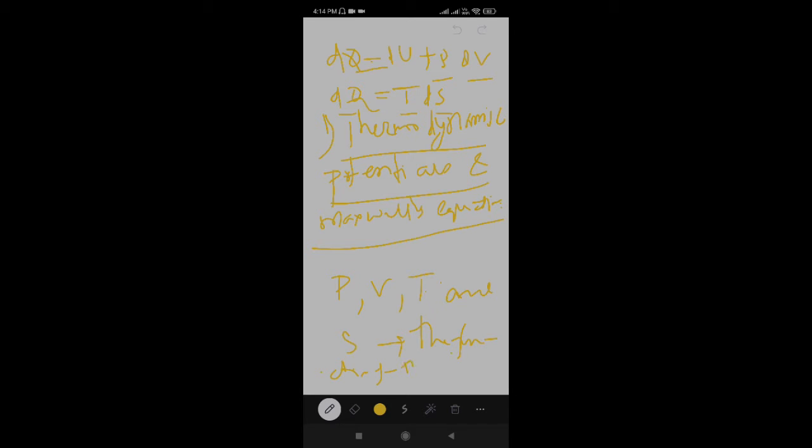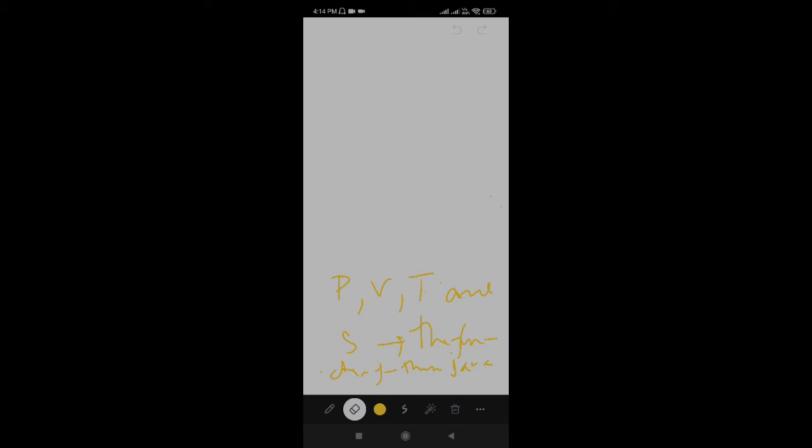Now we are going to define them. So the functions of pressure, volume, temperature, and entropy are known as the thermodynamic potentials.